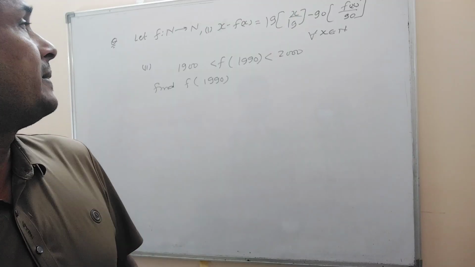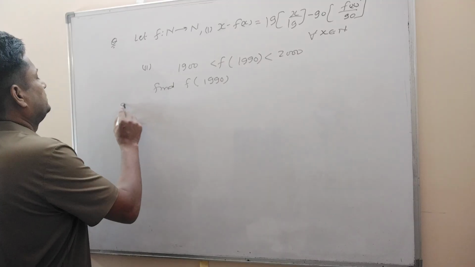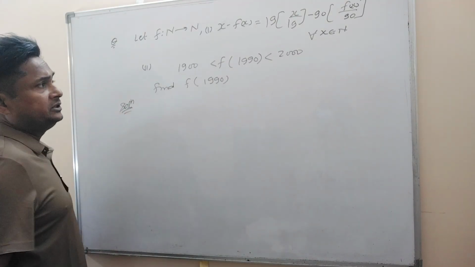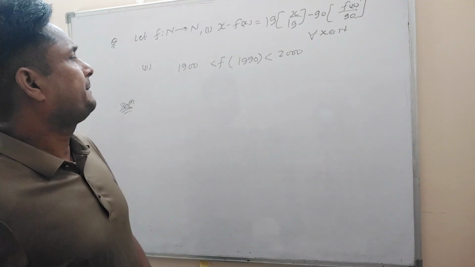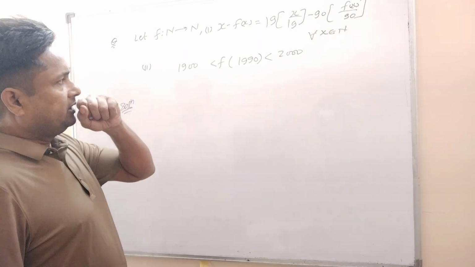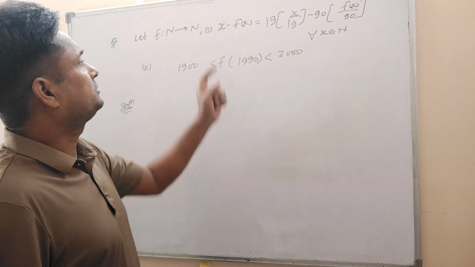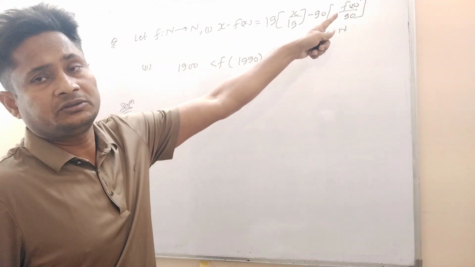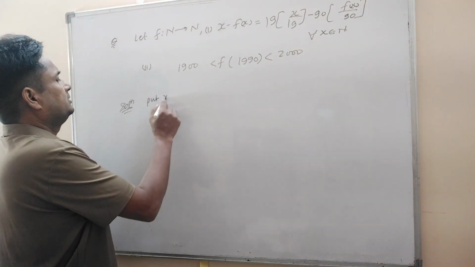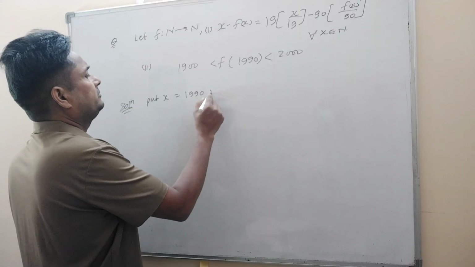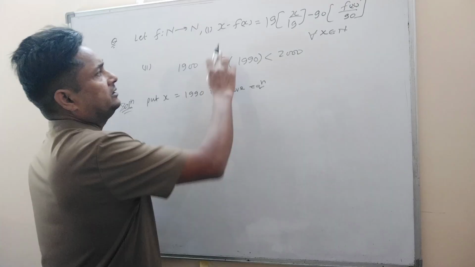Now, how will you find this? Solution. We have to find f(1990), right? So first of all, substitute x is equal to 1990 in this equation. Put x equal to 1990 in the above equation.